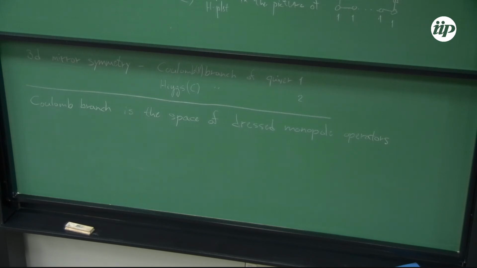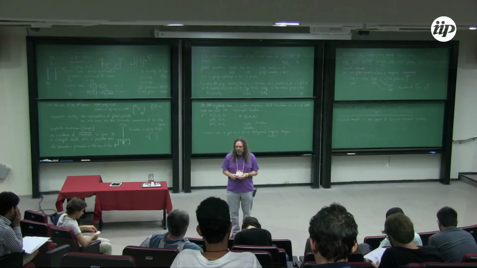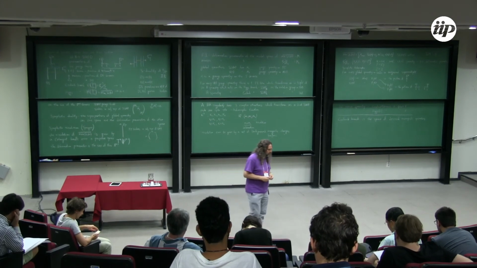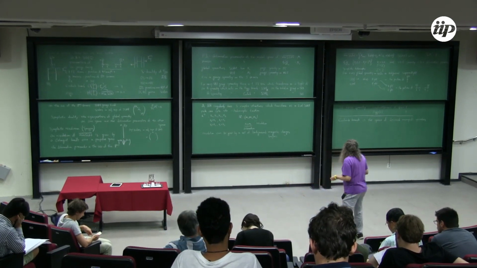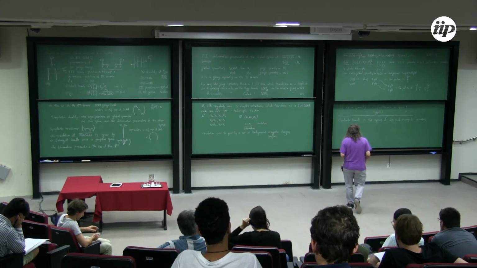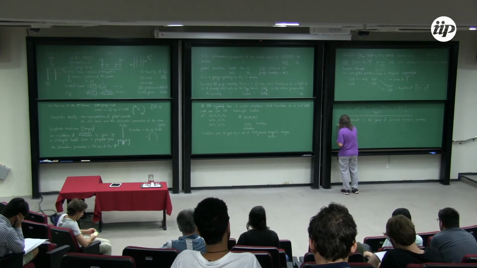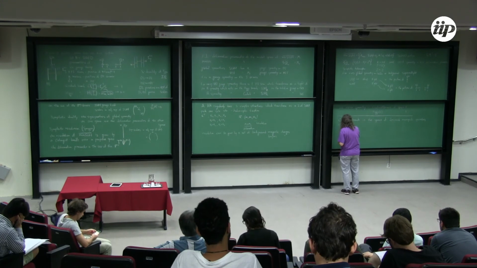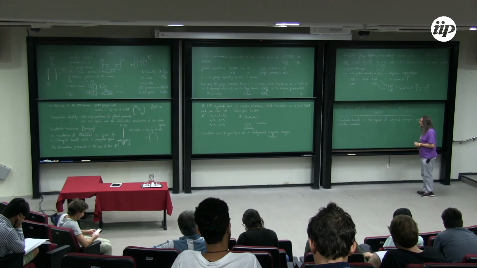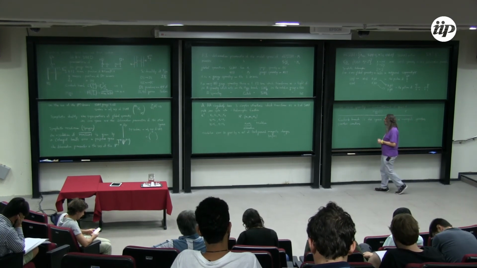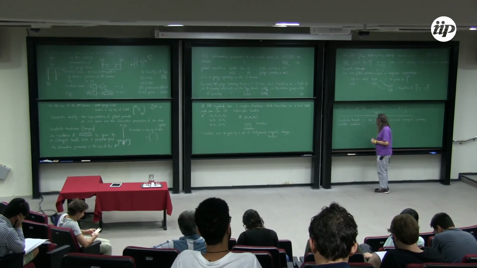I just take the Lagrangian and compute the solution to the vacuum equations. But the Coulomb branch receives quantum corrections, and so I need a way to control these quantum corrections. How do I treat them?